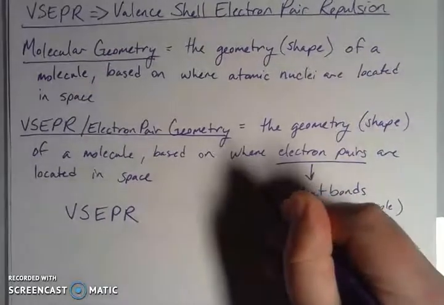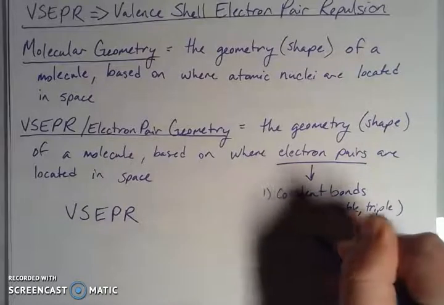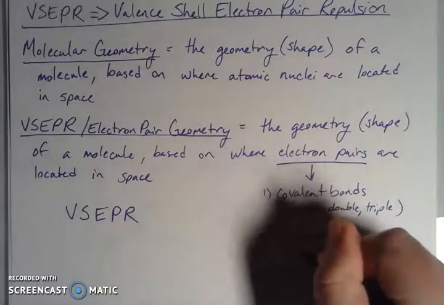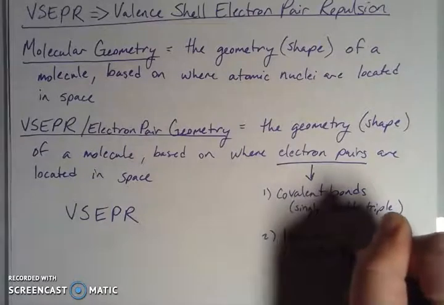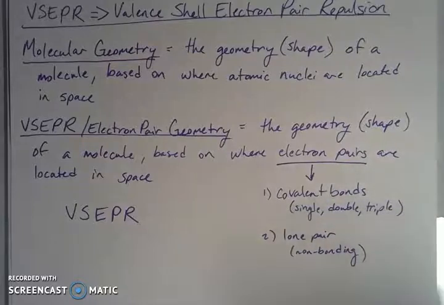So that's option one, or they could be a lone pair of electrons. And recall that lone pairs of electrons are those non-bonding pairs. So electrons like to be in pairs. One is spin up and one is spin down. And these pairs then can be shared between atoms, giving you a covalent bond that has those atoms stick together.